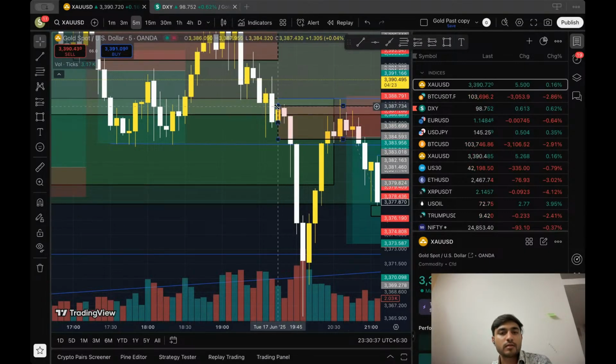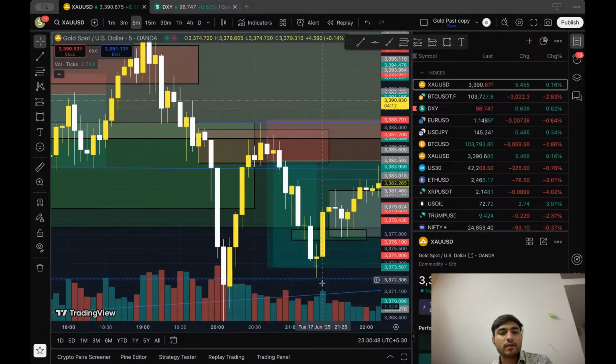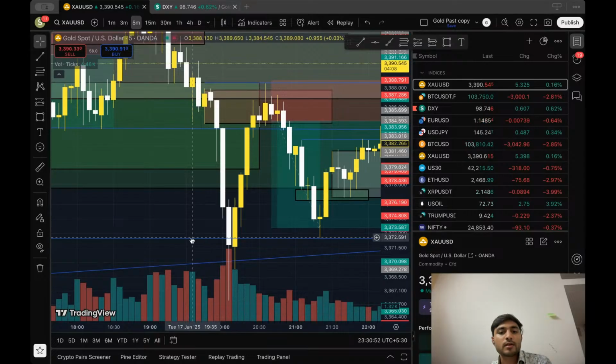So these two had not been tested, and they got tested here, and we have a downside move from there, till this 50% level. It should find support somewhere, and it found it at the 50% level, exactly at that point.